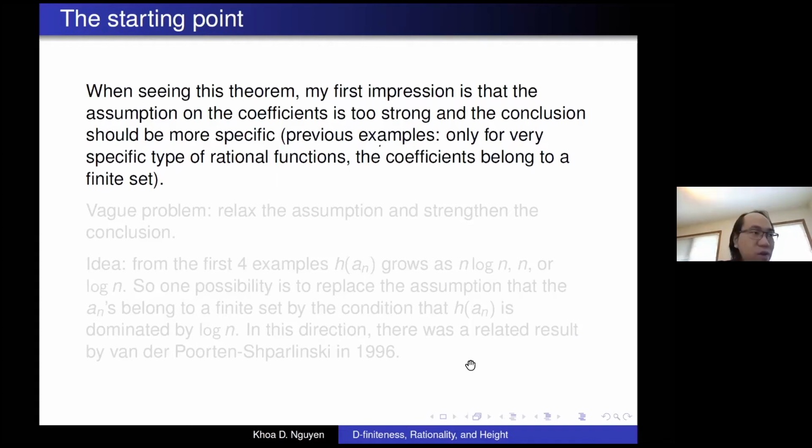Only those where the poles are roots of unity and the order of the pole is 1. So we should be able to relax the condition and strengthen the conclusion. That's what I thought.